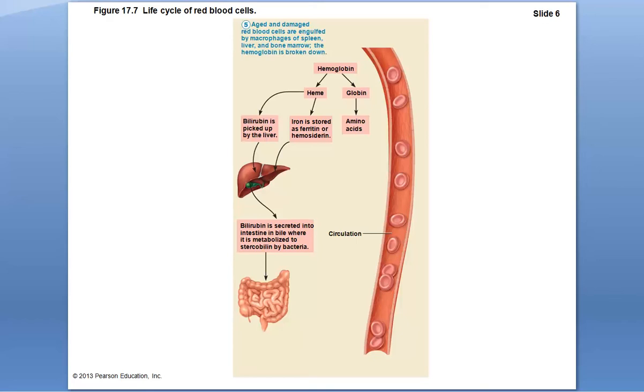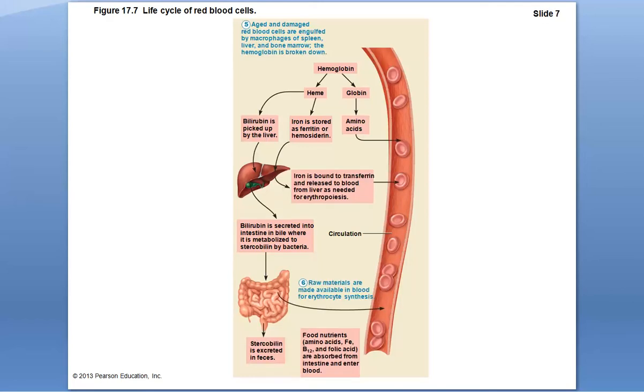One of those is the creation of urobilinogen, which may be excreted through processing in the kidneys. It's what gives your urine that yellowish color. Or it can be converted in the intestines to stercobilin and then excreted as part of feces or fecal material, which also gives feces a somewhat yellowish sheen to it.